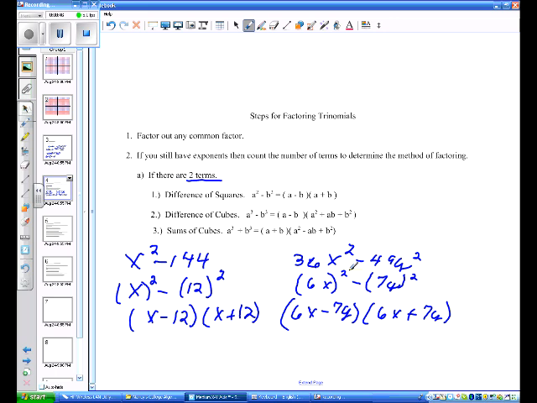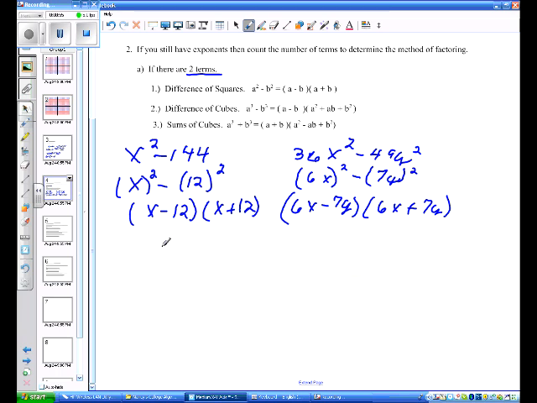But they have to be perfect squares. If one of them wasn't, then we wouldn't be able to factor it. If we had as our problem, let's say, 4x squared minus 3. Well, even though we can write this as 2x squared, we're not going to be able to write the 3 as a perfect square.